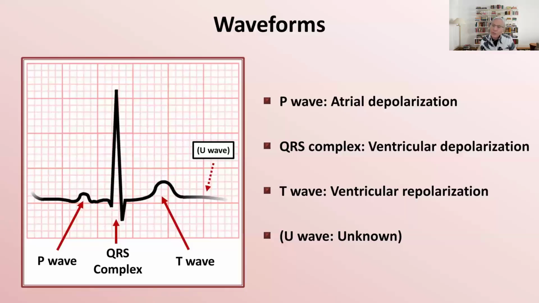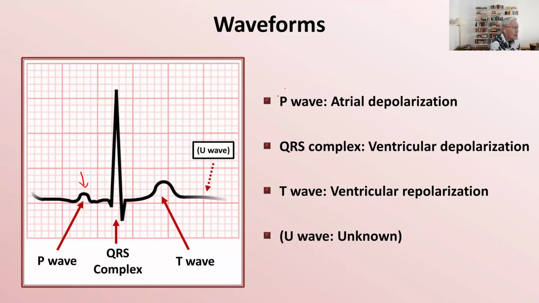When we look at an electrocardiogram, we're going to see different waveforms. As a review, you can see the smallest waveform, and that is going to be the P wave. This waveform is smaller than the rest of the waveforms. The P wave is a deflection that represents atrial depolarization.